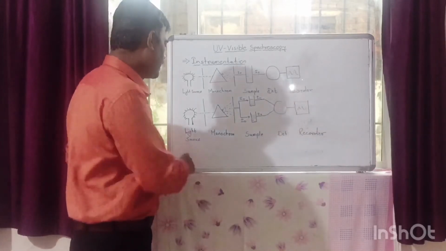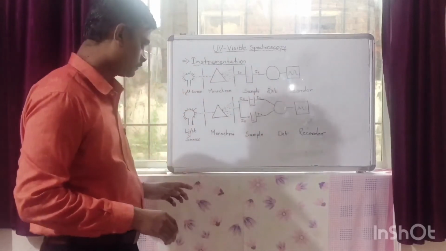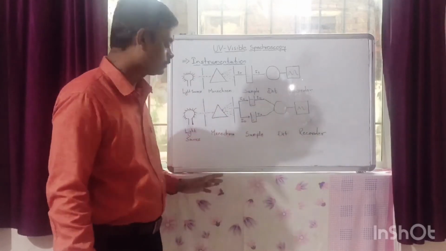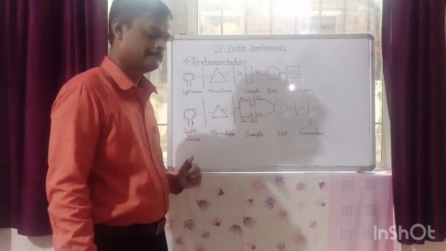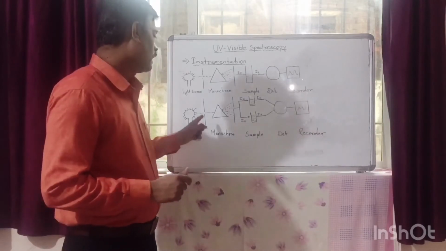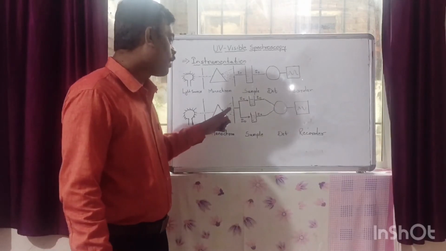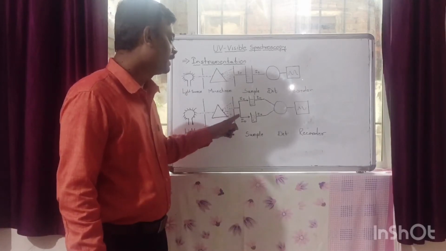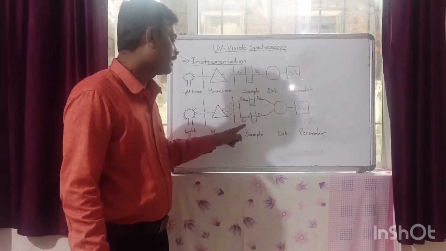Now we will discuss the instrumentation of the double beam UV spectrophotometer. The overall instrumentation is the same, the only difference is in the sample cells. In a double beam spectrophotometer, the dispersed light of the required wavelength will be divided into two different parts of equal intensity.